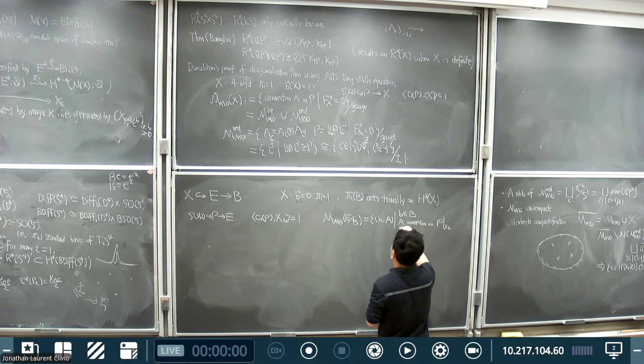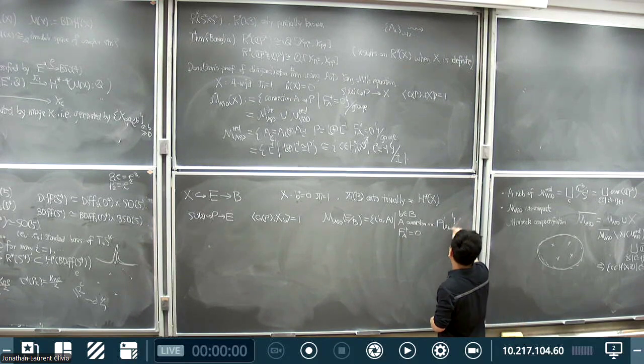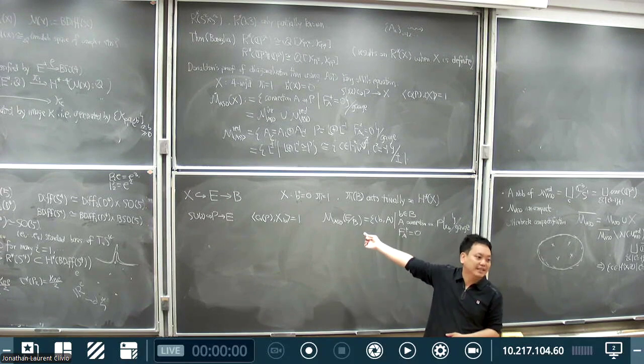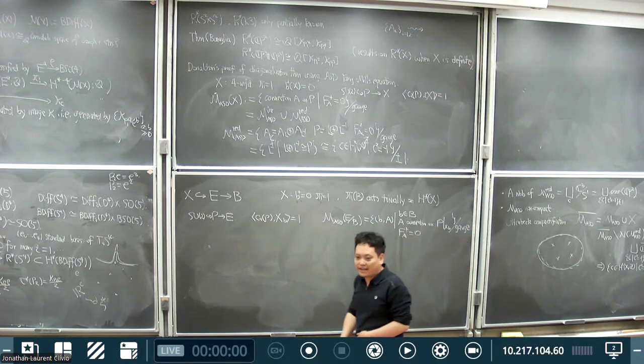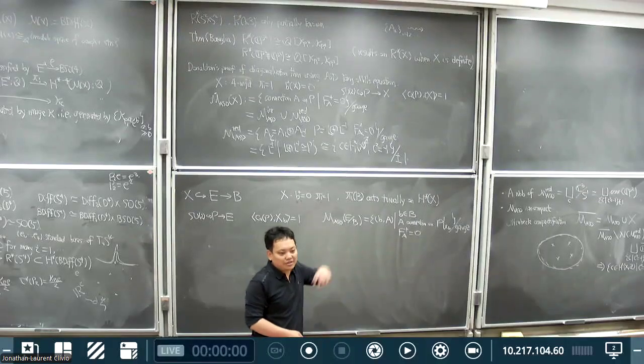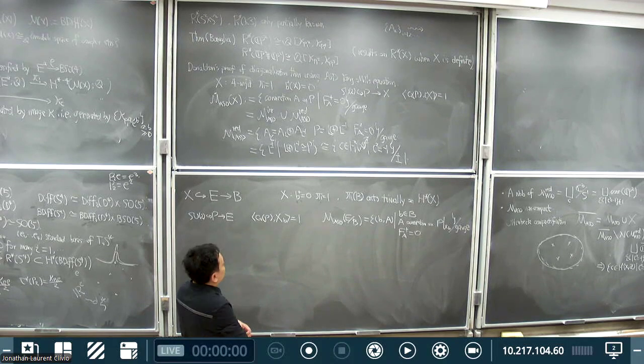And of course, we need it to satisfy the ASD equation, and we will work out the gauge equivalence. So this just parameterizes the moduli space of ASD connections. When B is a single point, we just return to the original setting.